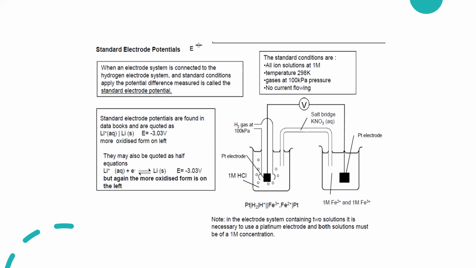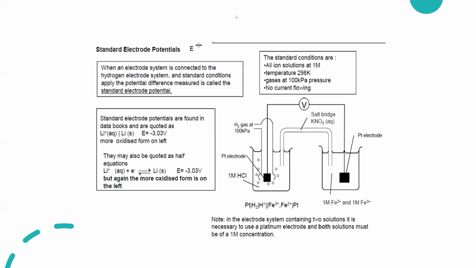But if an electrode potential is negative, what does it mean? It means the natural tendency is to lose electrons rather than gain electrons. For example, here you can see for lithium, the standard electrode potential for lithium ion to convert into lithium atom is given as minus 3.03.